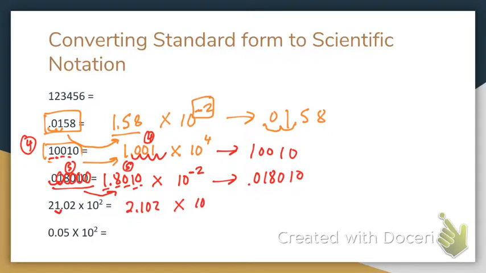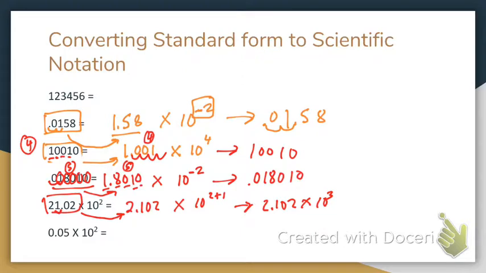Now I originally had 10 to the second. I moved it. 21.02 is a bigger number than 2.102, right? So I moved it over once, but I moved it in a positive way, so it should be 2.102 times 10 to the third.